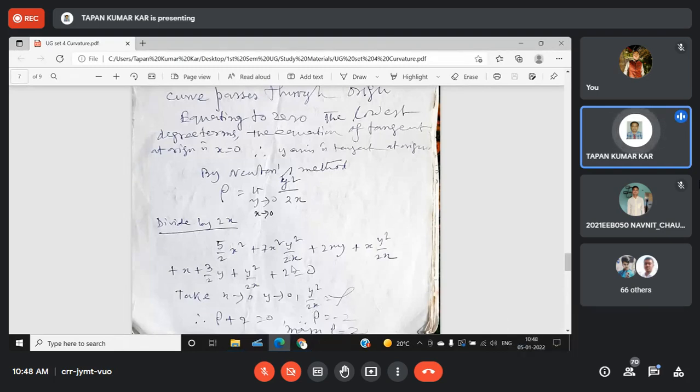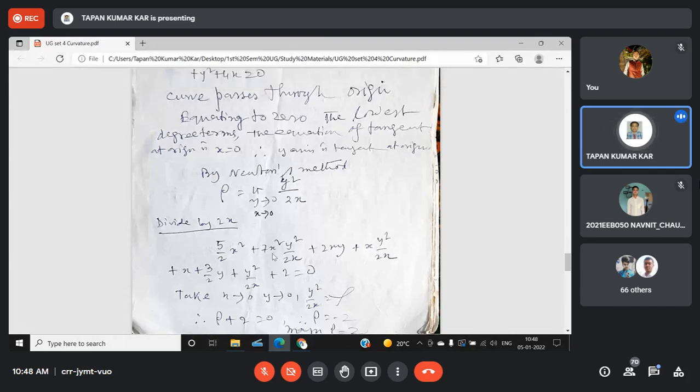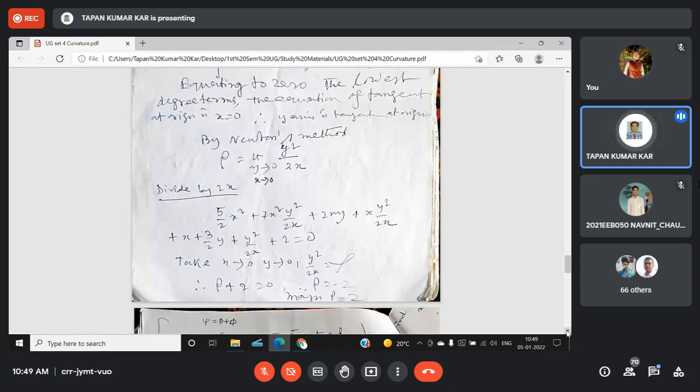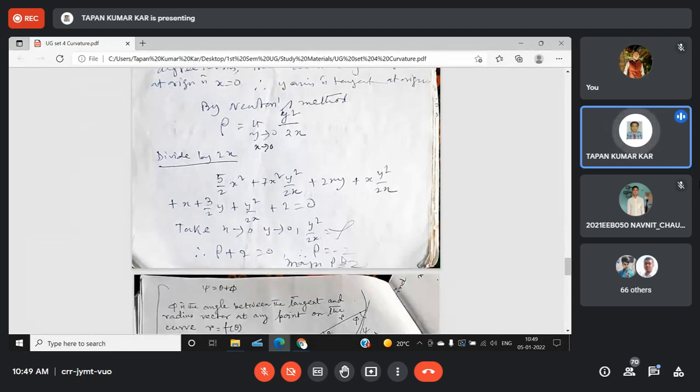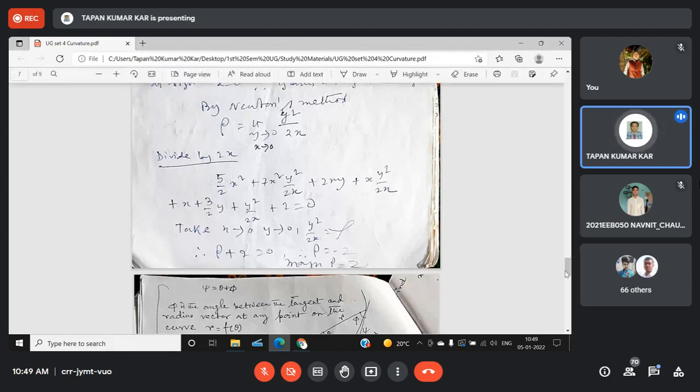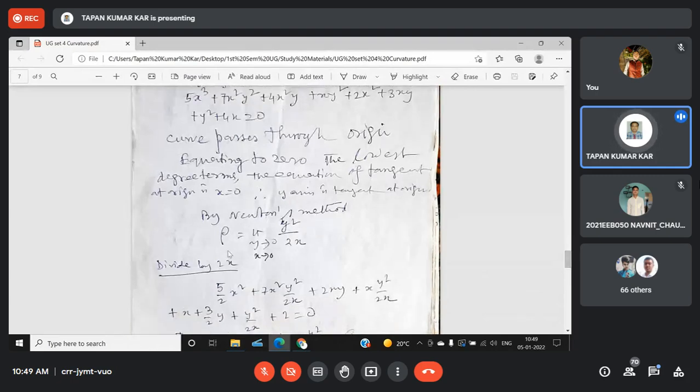Here x is also present, so x tends to 0 means these terms are 0, and this equals rho, and this equals 2. So rho plus 2 equal to 0, that is rho equal to minus 2, but rho cannot be negative, so rho equal to 2. This is very easy to find the radius of curvature using Newton's method.